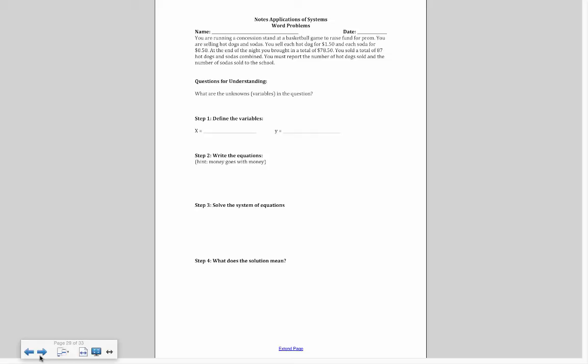So, what are the unknowns in this situation? How many hot dogs and sodas sold? So let's say X is going to be hot dogs and Y is going to be sodas.